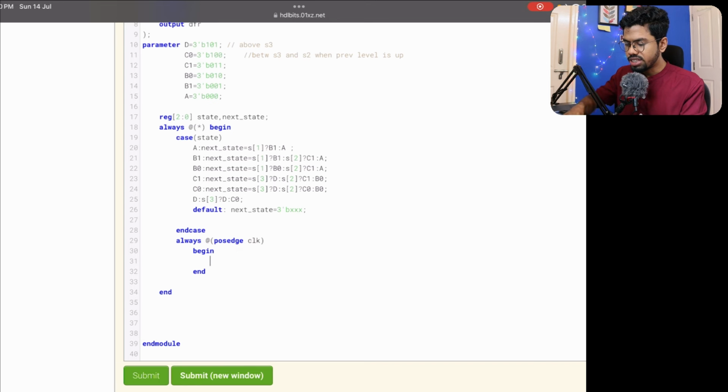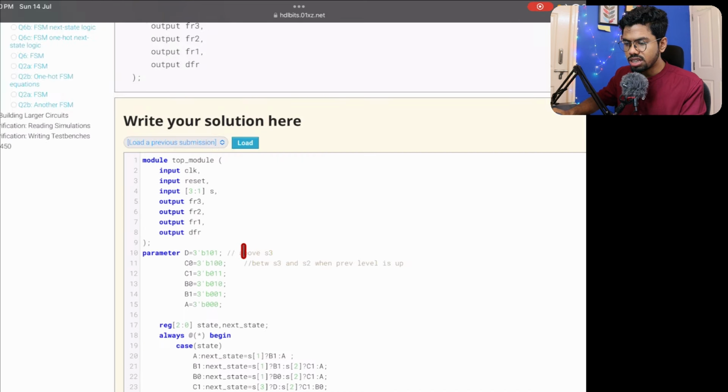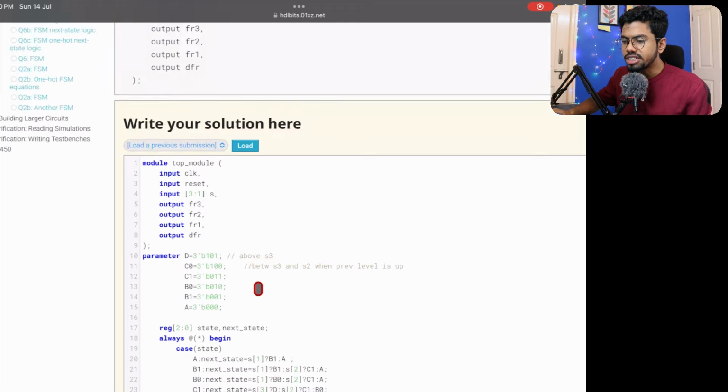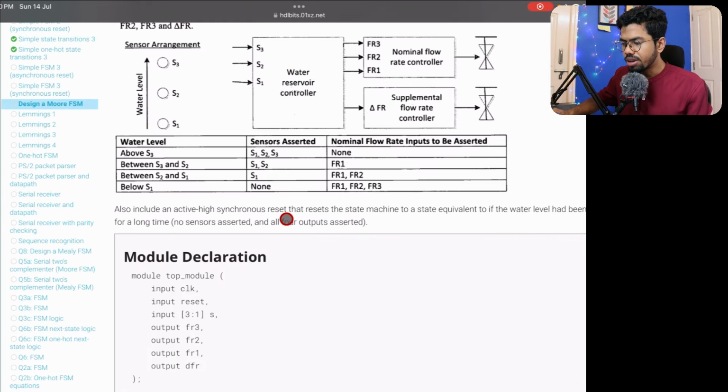First of all I need to check for my reset. So if it's reset, what should be the reset value? State equivalent to water level had been low for a long time, no sensor asserted, and all 4 outputs asserted.